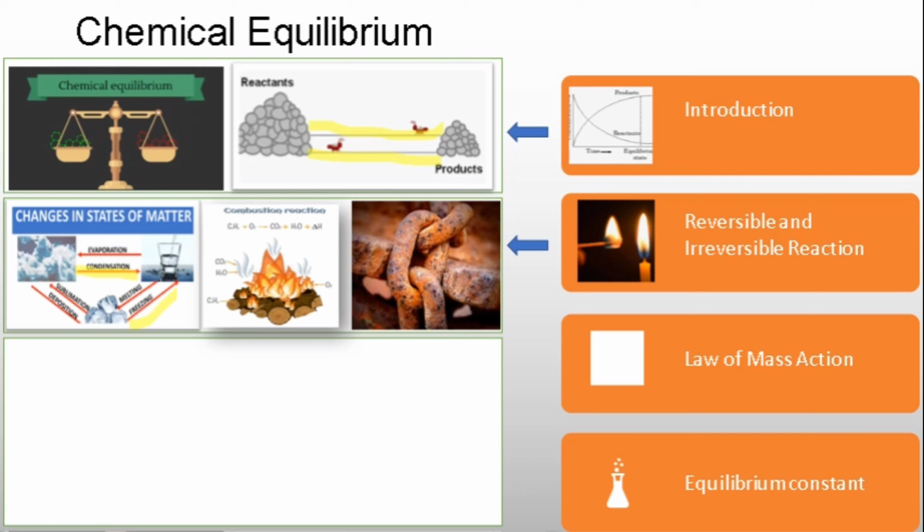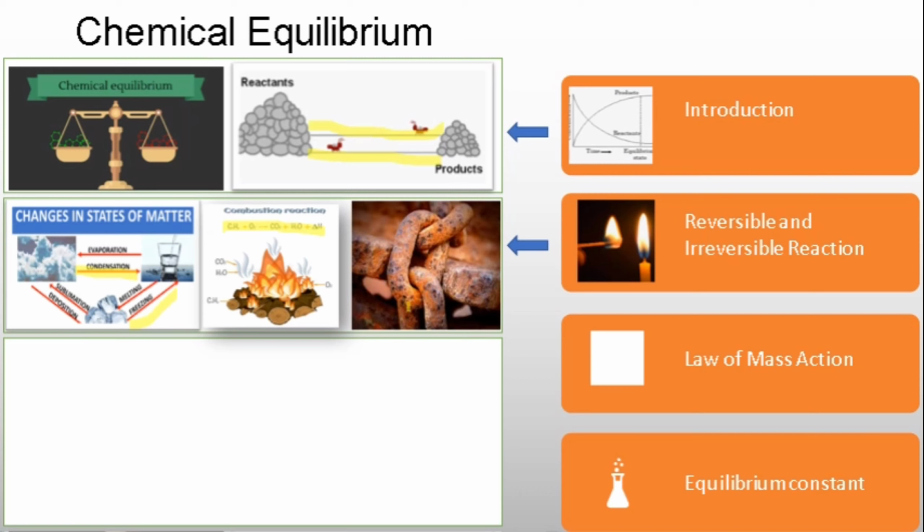The law of mass action is found by the ratio of product and reactant. It means the concentration of product divided by the concentration of reactant.